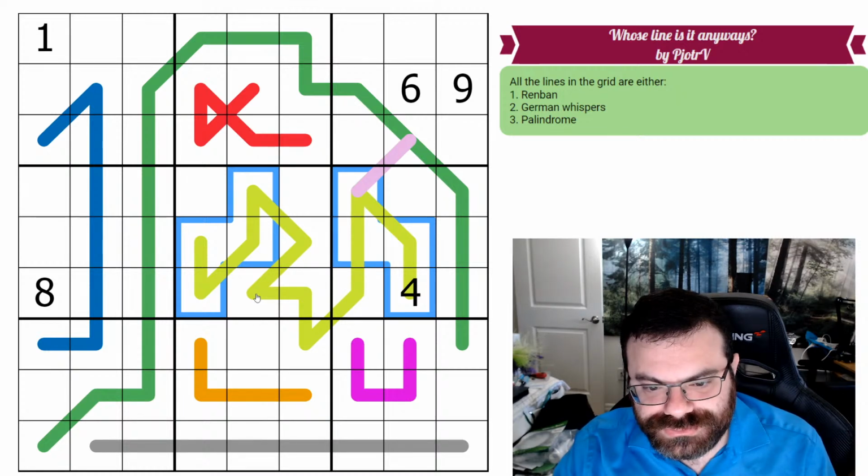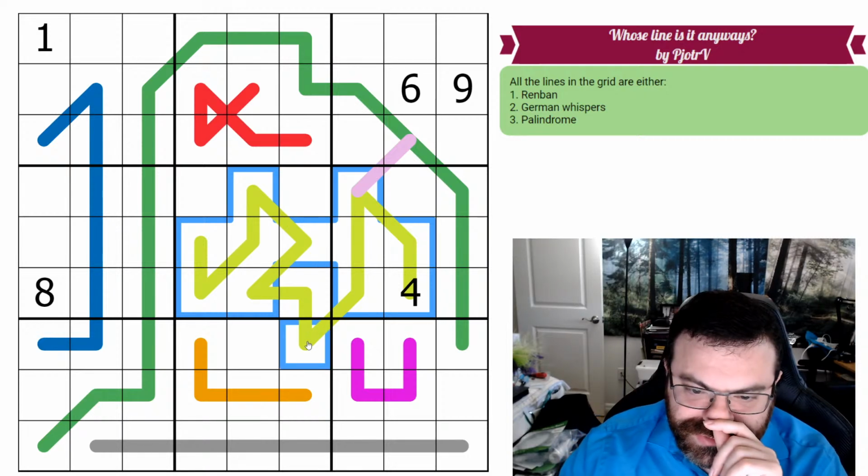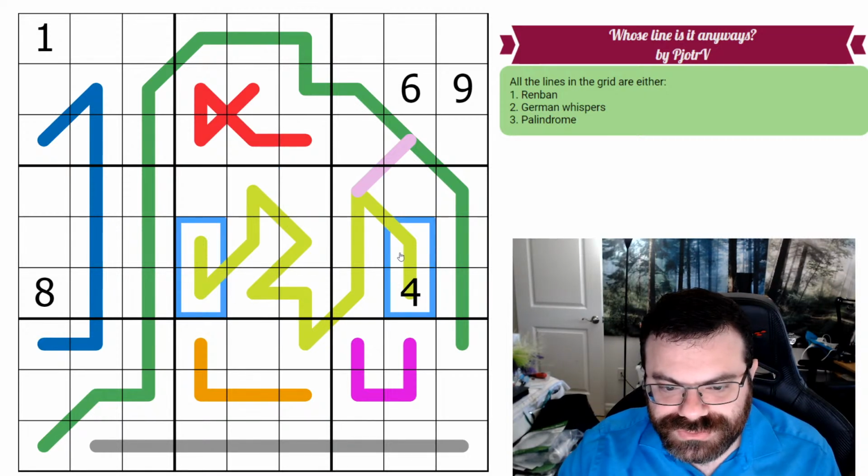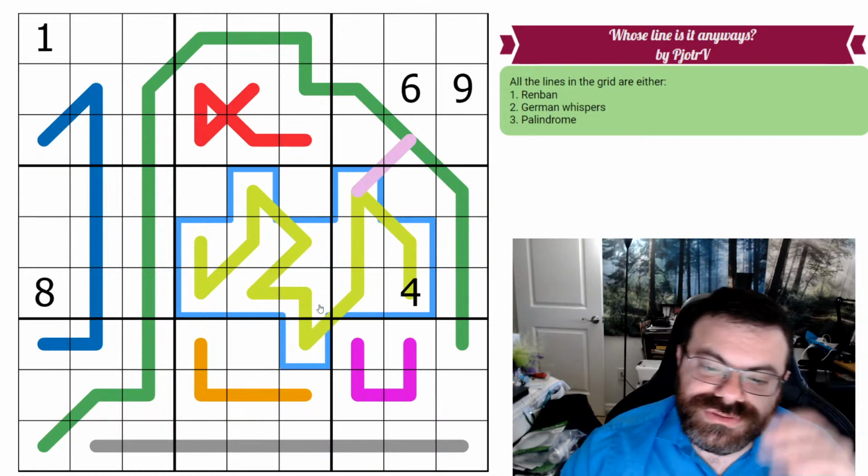Oops. This one cannot be a palindrome. Wait, did I do that wrong? I did that very wrong. Hold on. 1, 2, 3, 4, 5. This one could also be a palindrome.